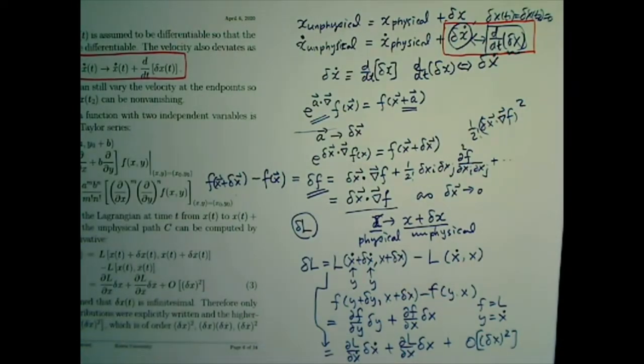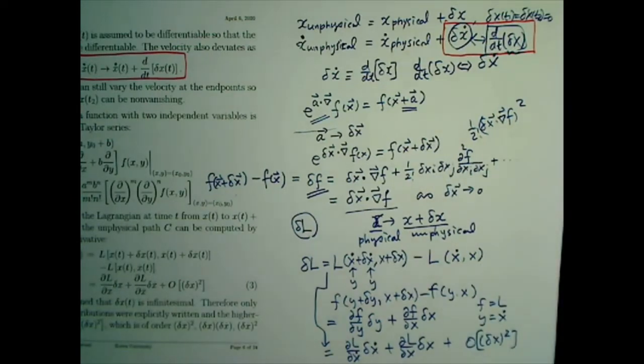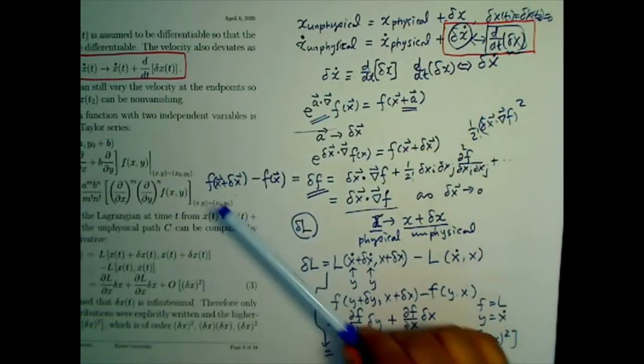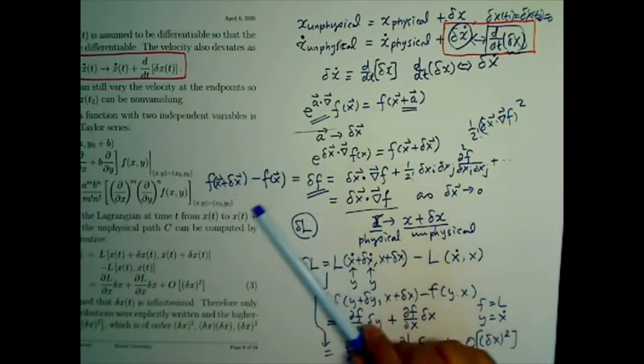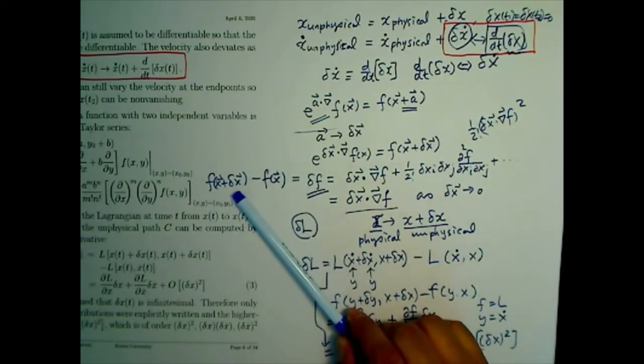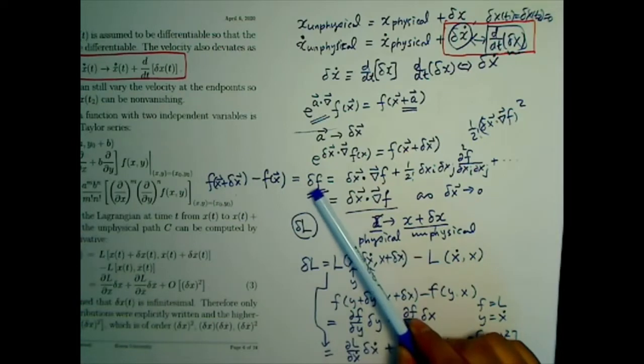And if we replace this a with delta x and substitute that formula, we obtain this expression. And the shift of the function due to the shift of the variation from the physical path to the unphysical path can be defined to be the difference of that function.